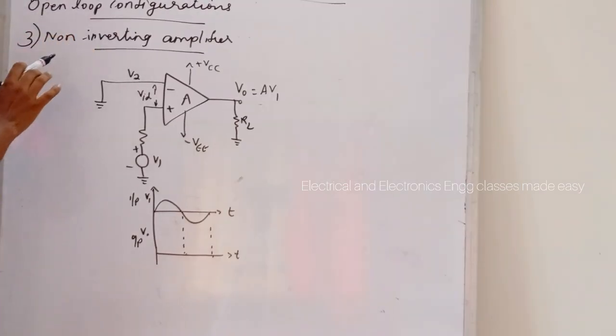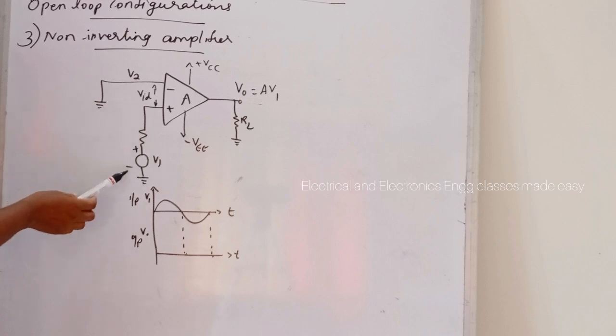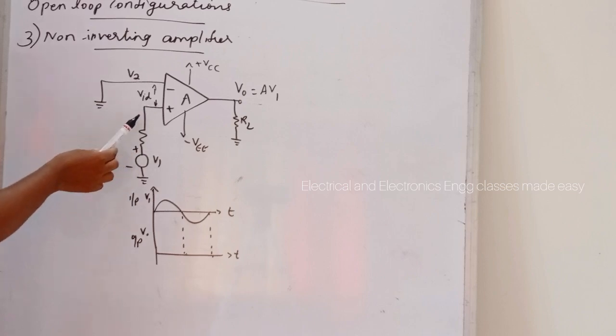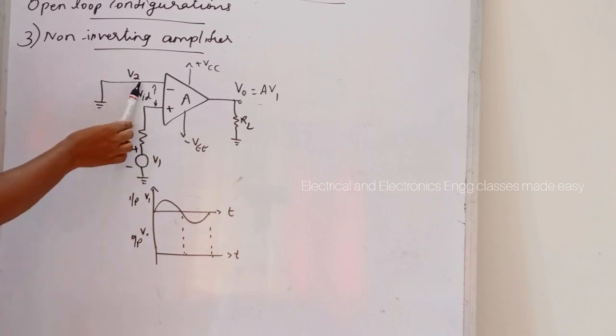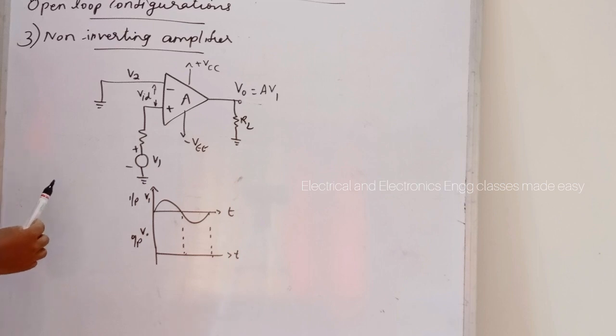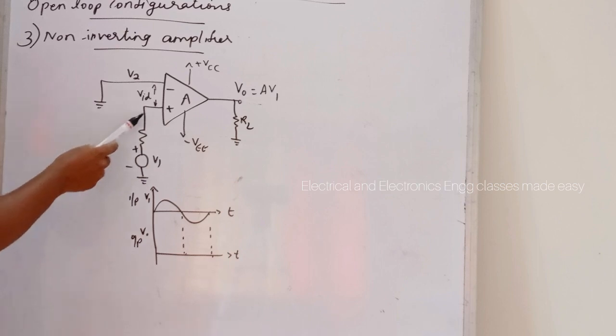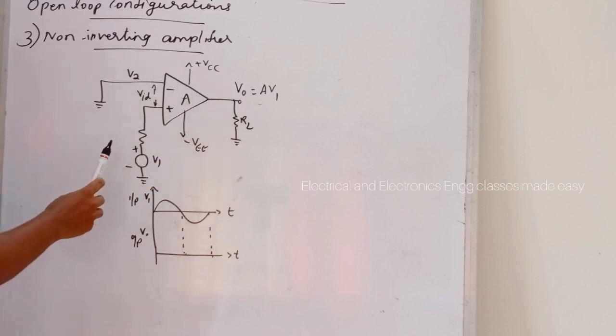Next open loop configuration is non-inverting amplifier. So this is the diagram for the non-inverting amplifier. In this, the input signal is applied to the non-inverting input terminal of the op-amp and the inverting input terminal is connected to the ground. The input signal is amplified by gain A and the output is in phase with the input signal.